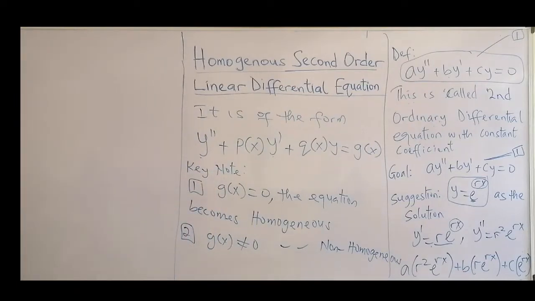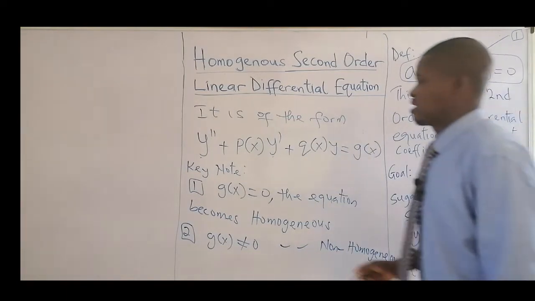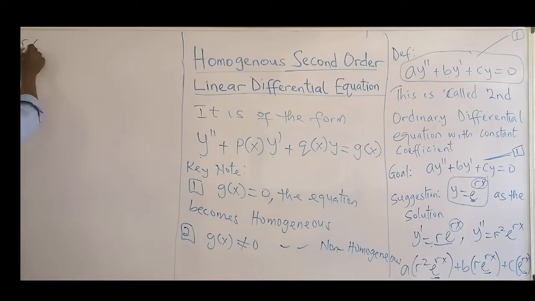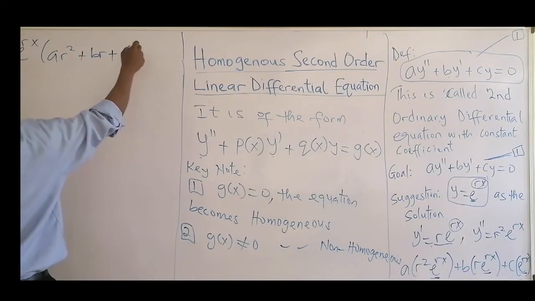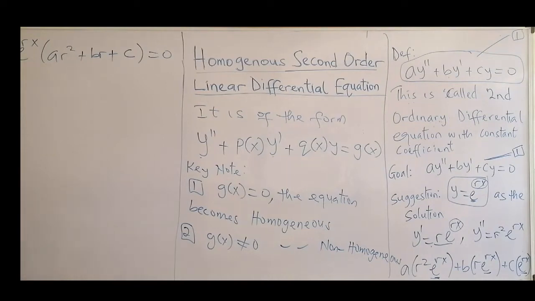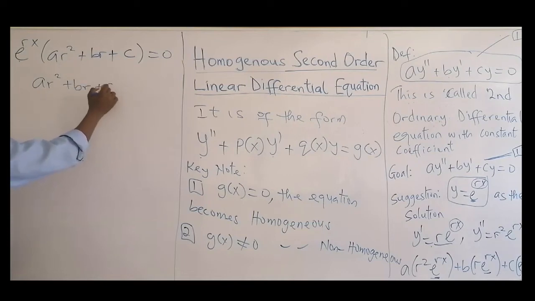Divide through by the exponential function and we have a r squared plus b r plus c equal to 0.